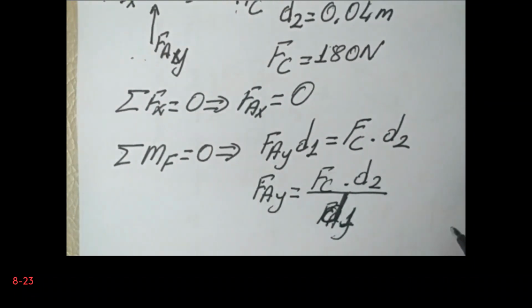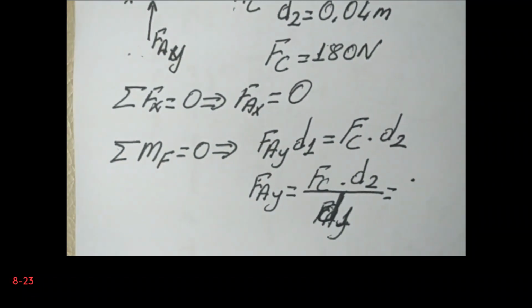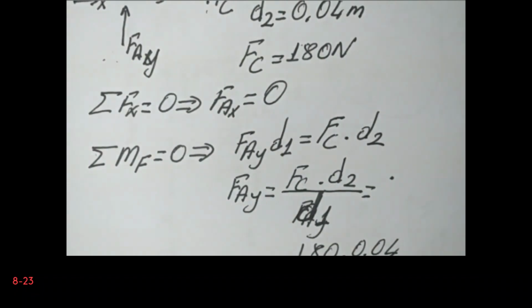So Fc is 180, D2 is 0.04, D1 is 0.03. So this makes 240 newtons.